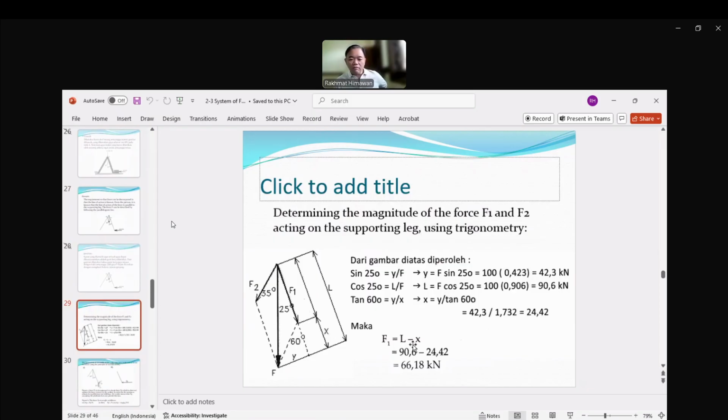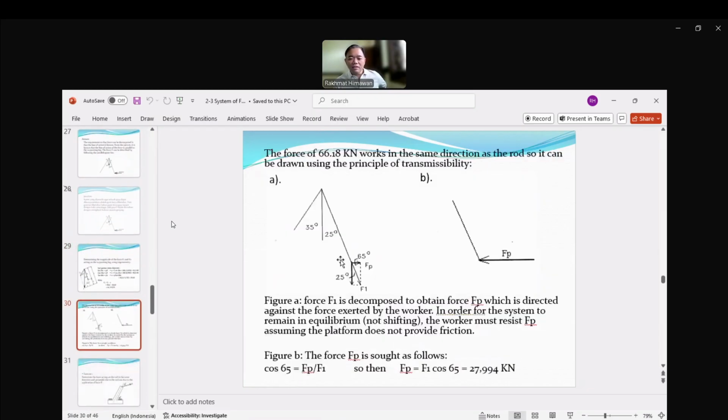Finding F1 is also not that easy, I think, for someone who has just started to learn. But this basically uses triangles and trigonometry to find F1, until we move to this point that has the worker, where we have FP, and FP is the final question.